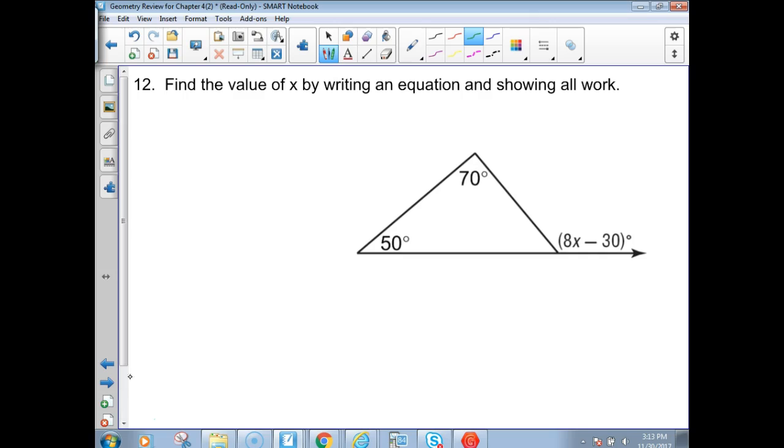Number 12. This is what I meant by knowing that exterior angle theorem. If these had some variables on them, you want to know that when you add these two, it equals the exterior angle. So 8x minus 30 is equal to 50 plus 70.